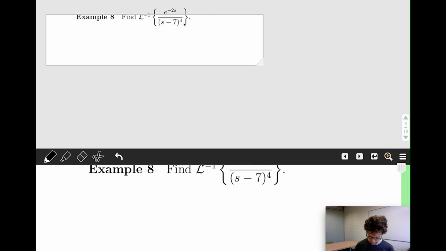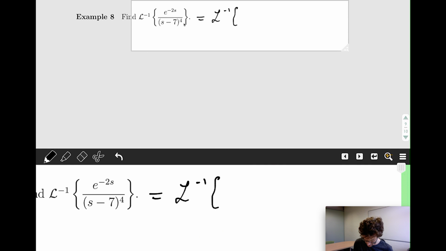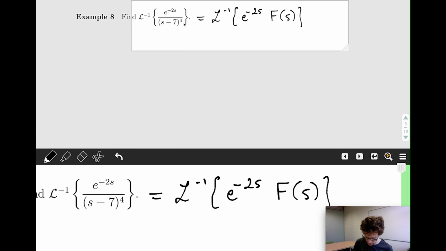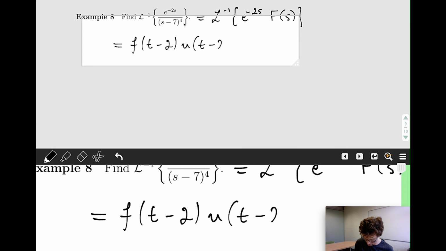But we're going to use both of our first and second shifting theorems. So maybe the best thing to do would be to start with the second shifting theorem, because this thing looks like an exponential times a function of s. So this looks like the inverse Laplace transform of e to the minus 2s times F of s. So by the second shifting theorem, this will be f of t minus 2, u of t minus 2.